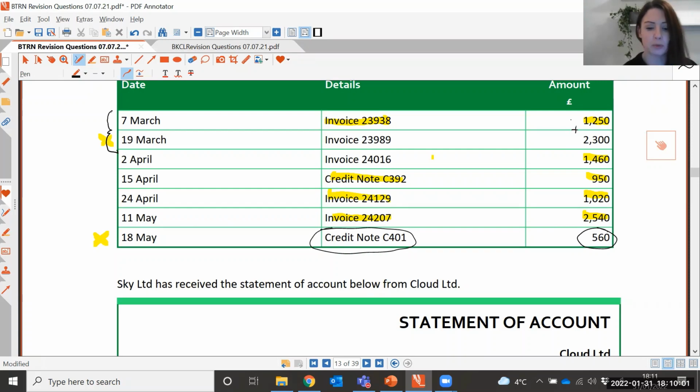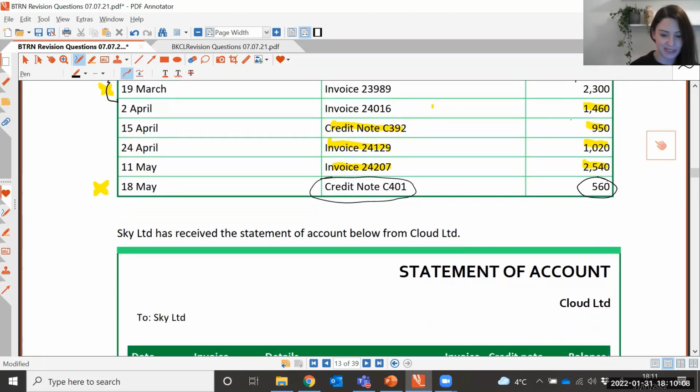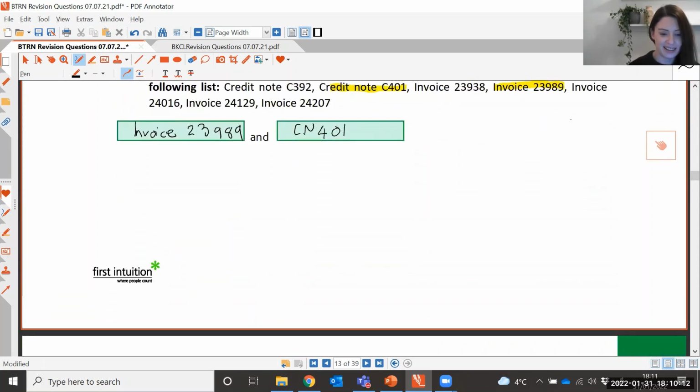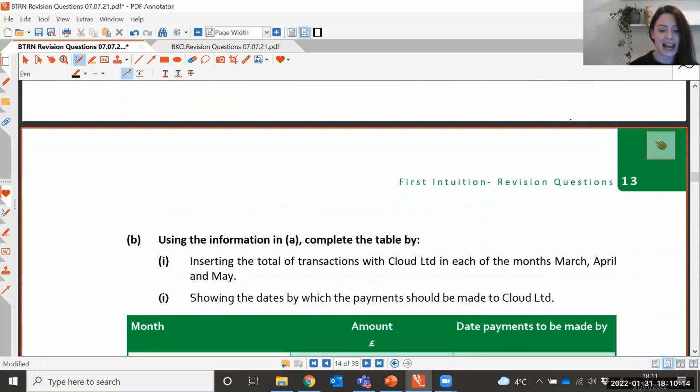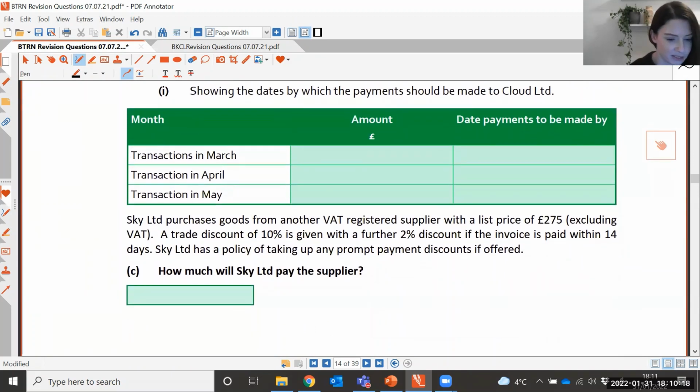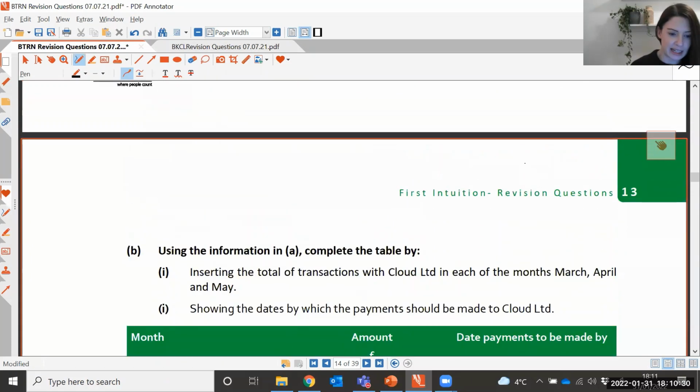So it's £1,250 plus the 2,300. Good. Yeah, so it'll be end of May for the payment. So payments need to be made by the last day of May. Okay, so next, transactions in April.